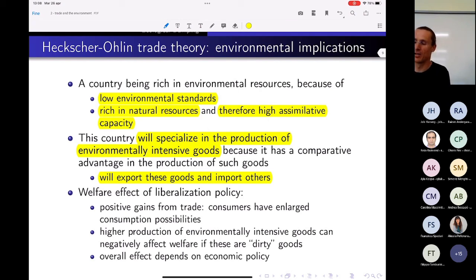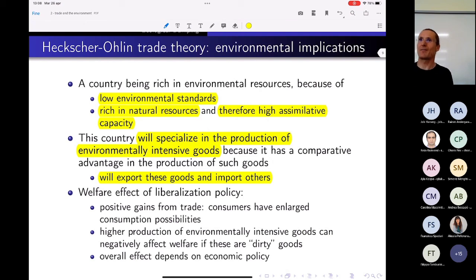You would have to check whether you have a comparative advantage in doing so or not. But here I'm really not talking about this, because what I would now like to do is study environmental resources more in terms of pollution.